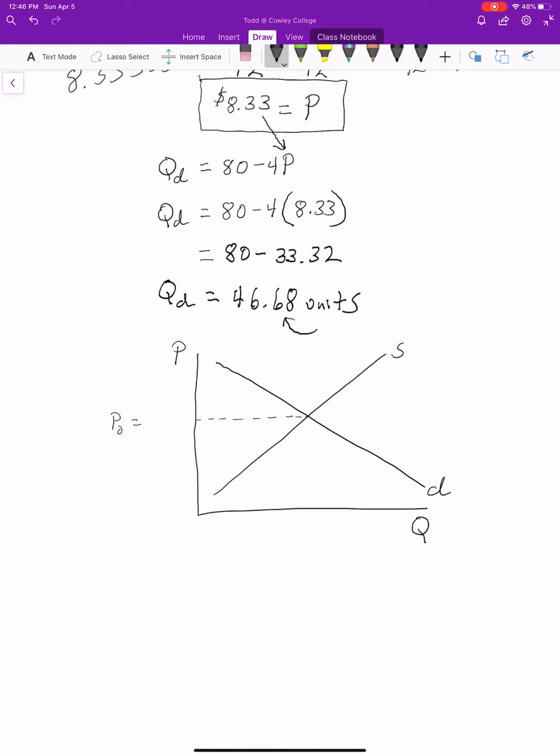So our P naught is going to be $8.33. And we know our equilibrium quantity is going to be 46.68 units of the good. And that gives us our very specific looking market.